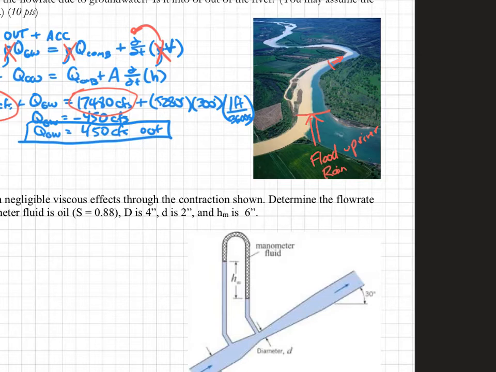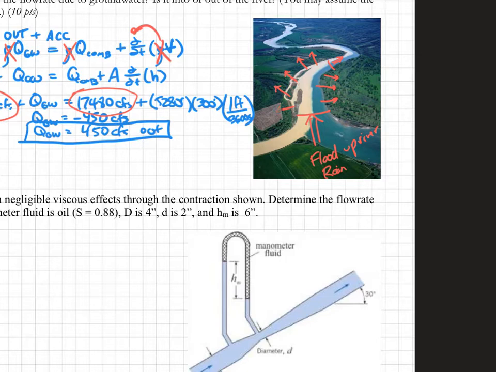The other possibility actually, that's really the only real possibility here, right? Because then what's happening is as the water is rising, the water is leaving due to groundwater, because the level of the water in the ground is below whatever the equilibrium level should be for the river at the height that it's rising to. Okay, so now we've got water leaving. Okay, note that typically, if the water is rising, we would expect the opposite to happen.